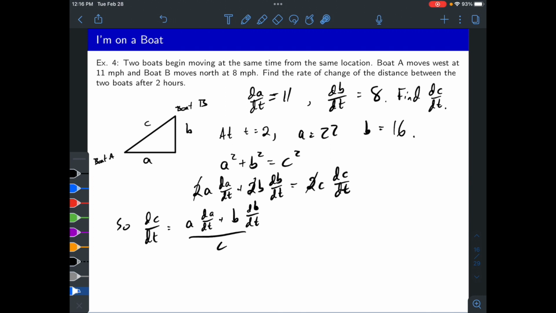You might notice a problem over here. So we listed dA/dt, dB/dt, and then A and B, but we don't know what C is equal to. So we need to be able to plug in C.